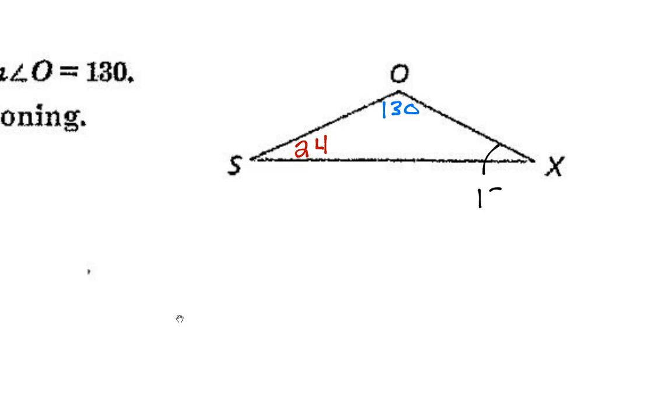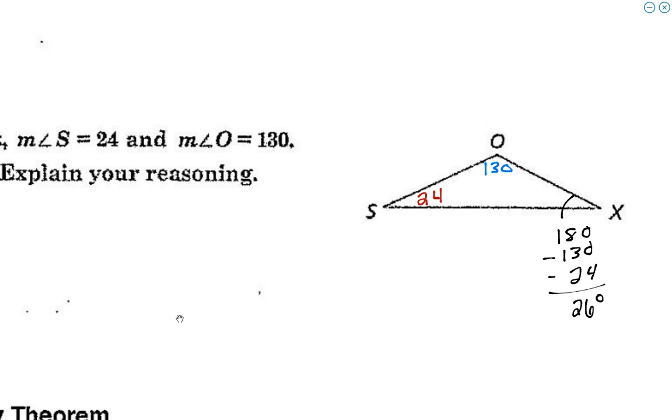So this is going to be 180 minus 130, so that's 50, minus 24, that's 26 degrees. So that means this is our smallest angle, therefore OX is our smallest side.